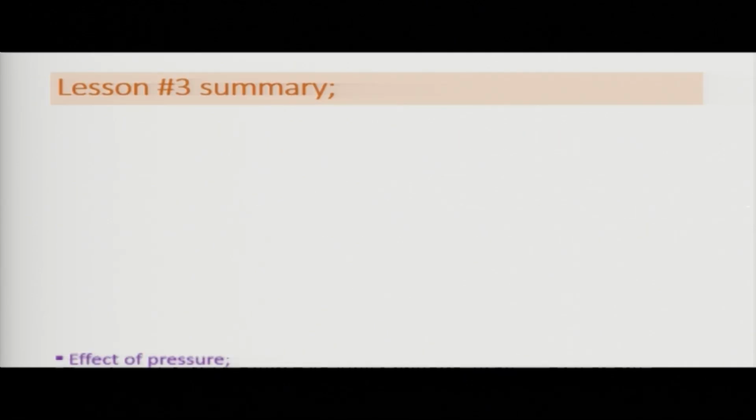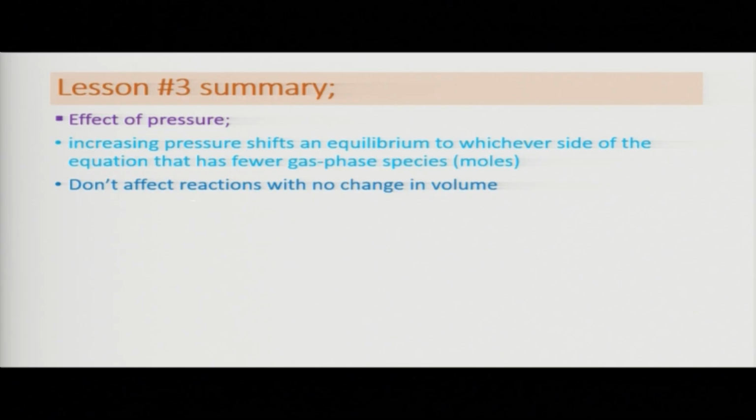Let's quickly summarize the lesson. First, effect of pressure. When you increase pressure, the equilibrium position shifts to whichever side has the lower number of moles of gas molecules. That is a point to take note of.